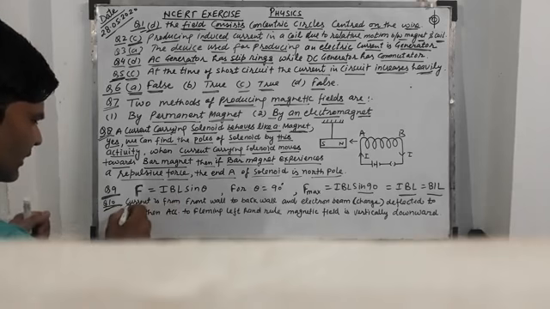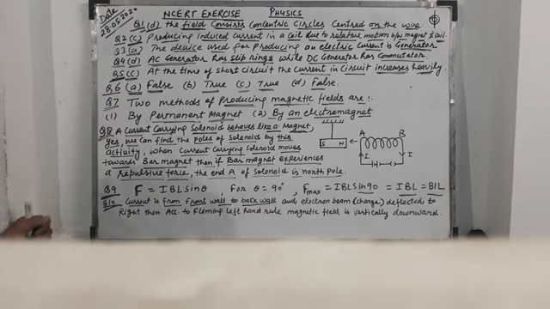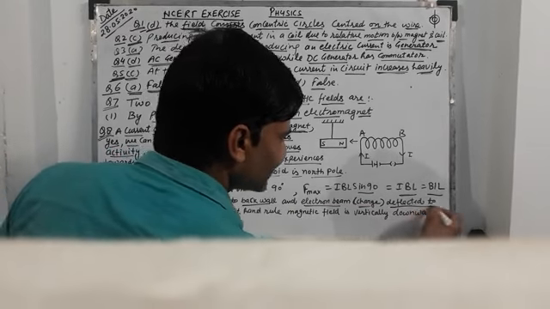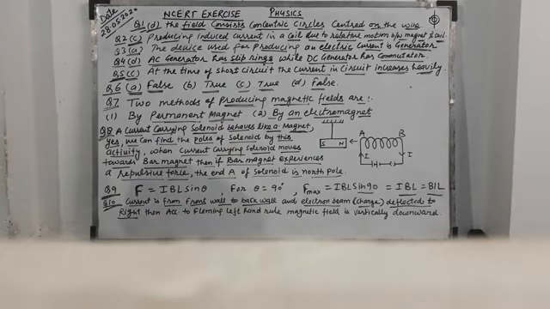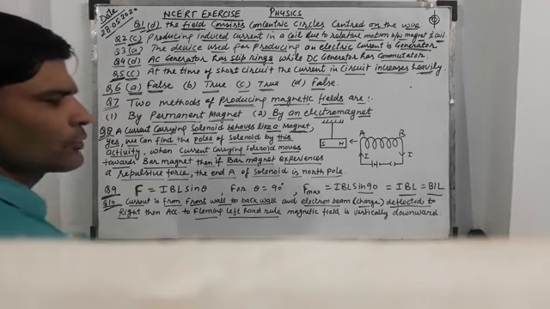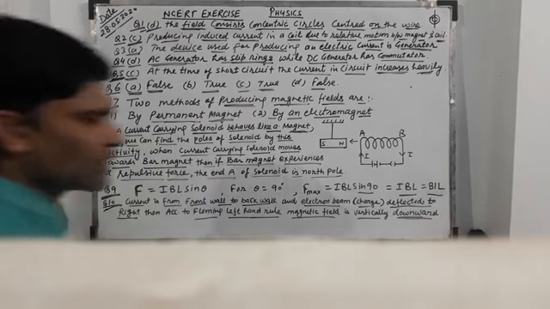Then current is from front wall to back wall. Okay. So electron beam means charge deflected to right. Then according to Fleming left hand rule, magnetic field is vertically downward.